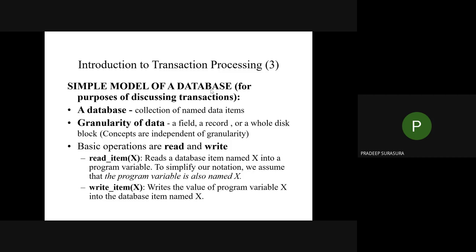So when you're accessing data, what data is the user interested in: a particular record or a field, or the whole disk, or the whole database, or the whole table. So depending on the accessing type of the data, the granularity will be fixed.